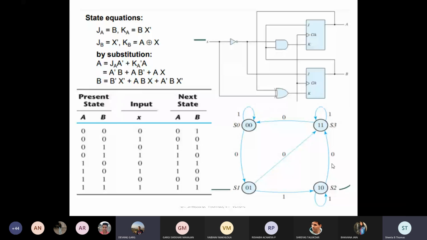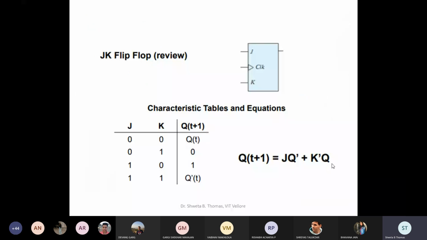It is not compulsory to have this, but this is the easiest way of solving the question. That's why I'm telling you to write in this way. Instead of this, you can always check the behavior also.